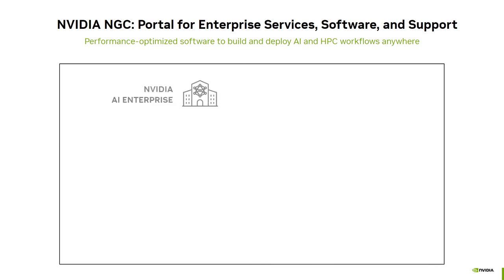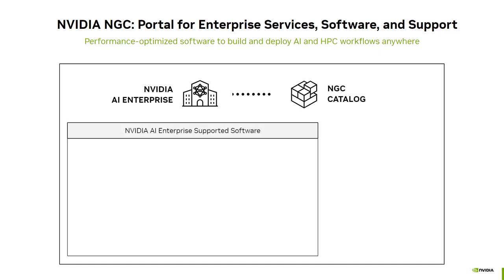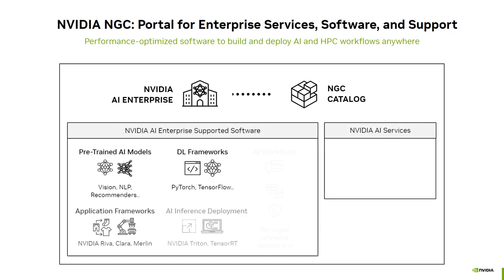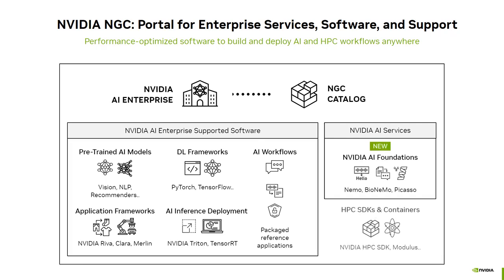Let's connect the dots between NVIDIA AI Enterprise and the NVIDIA NGC catalog. NVIDIA NGC serves as a central hub for all NVIDIA services, software, and support, providing customers with a one-stop shop for our AI offerings. With a subscription or license to NVIDIA AI Enterprise, customers gain access to the Enterprise catalog hosted on NGC, which includes AI workflows and new AI services.